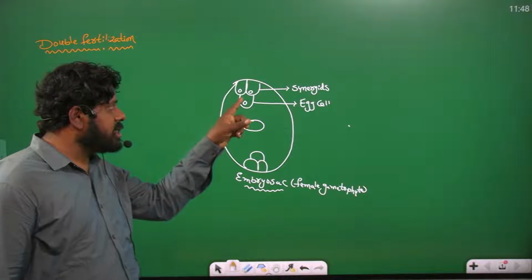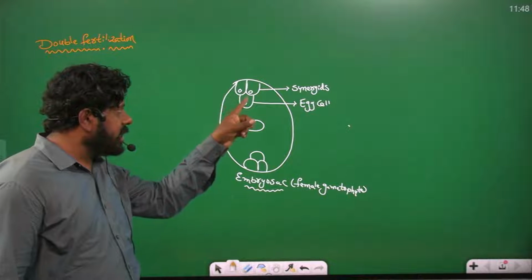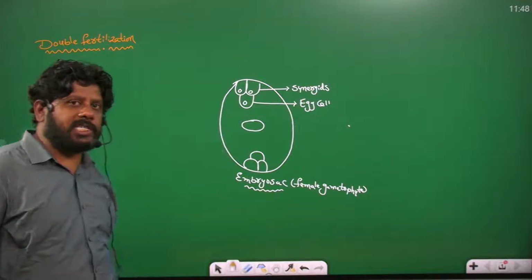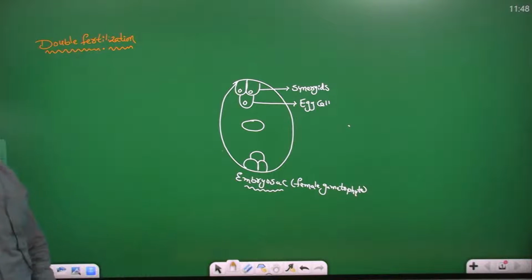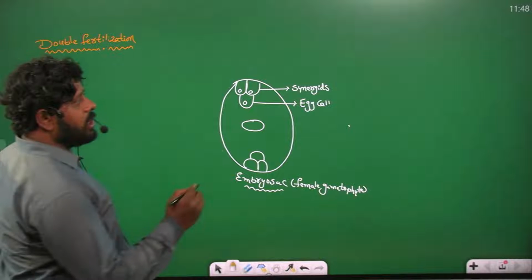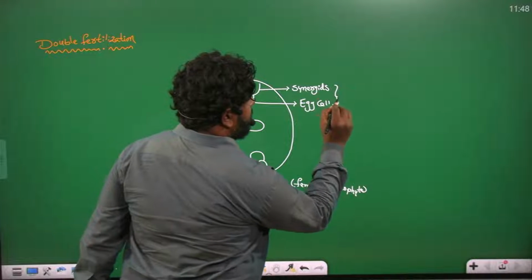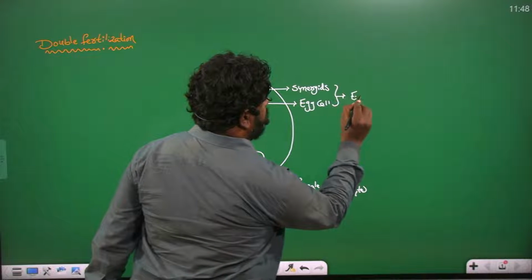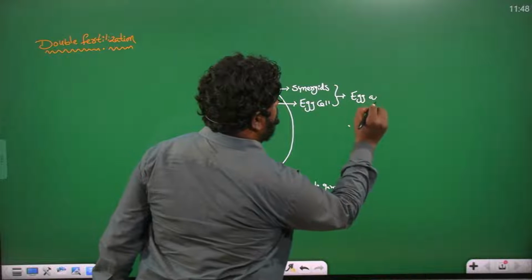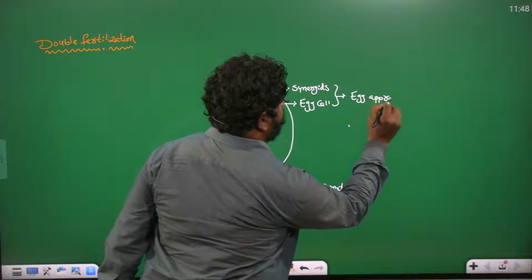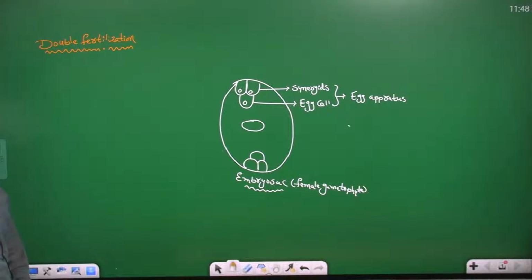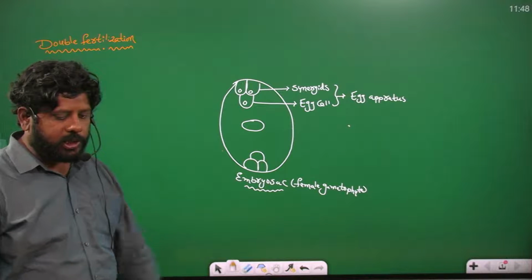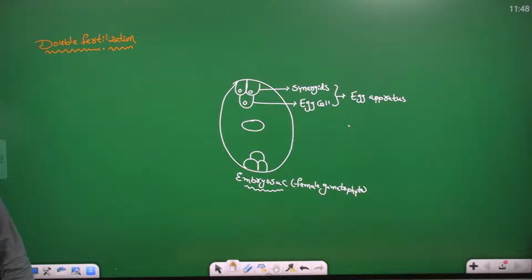In those 3 cells, 2 cells are called synergids. Between the 2 synergids, 1 egg cell is present. These 2 synergids and 1 egg cell are collectively called the egg apparatus. Already we know this.